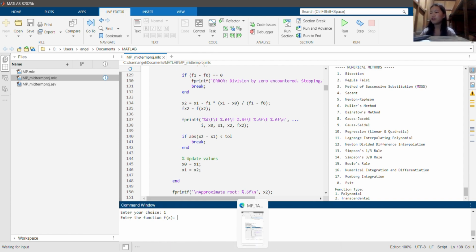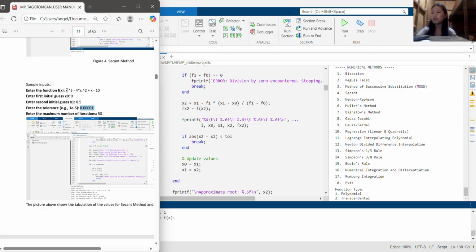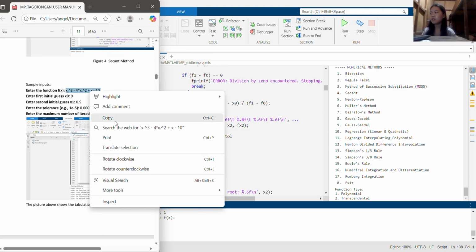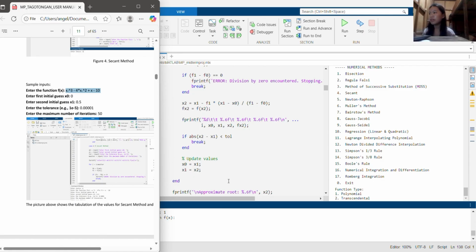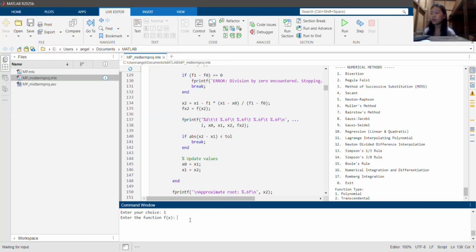And then we'll enter our function, which I compiled in our user manual. So just copy and paste the function from there, and then we're going to enter our lower and upper bound, which are 4 and 5, and our tolerance, which is 0.0001.